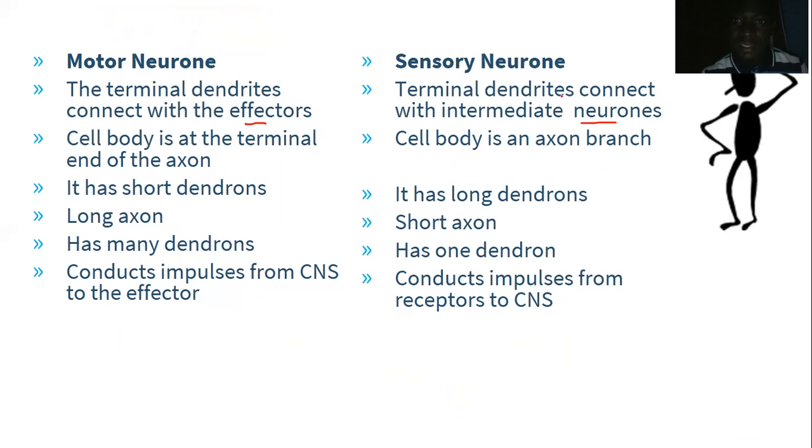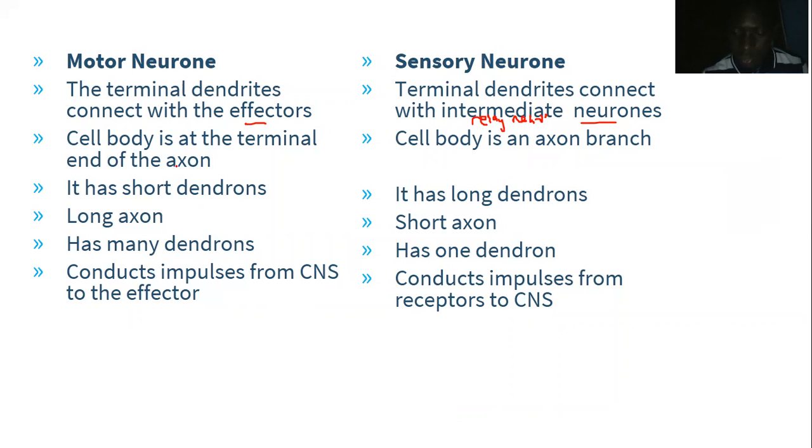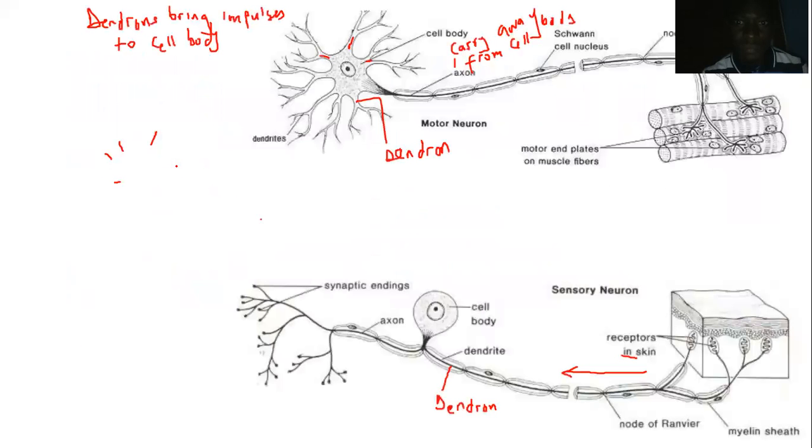Okay, that is the relay neuron, if you want to call it that. Then the cell body is at the terminal. I think you saw it very well up there. The cell body is terminal, that means it is at one end. And then for this one, the cell body is like an axon branch, which is in the middle.